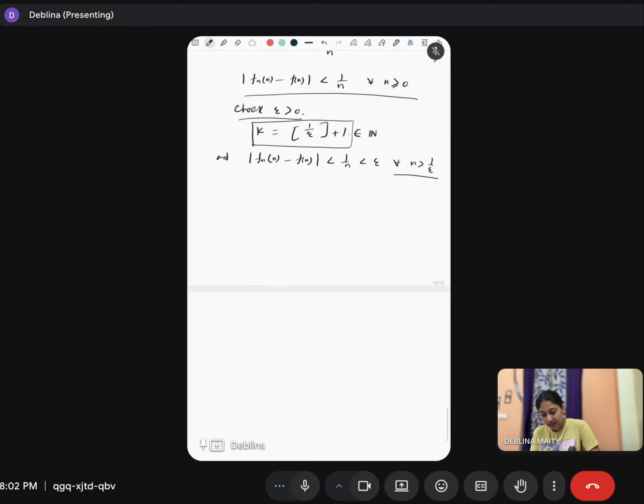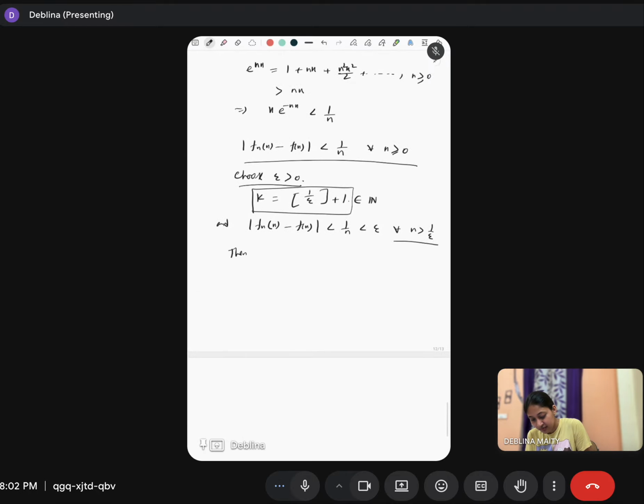So then k belongs to N and mod of fn(x) minus f(x) is less than epsilon for all n greater than or equal to this k, right? Because now k is greater than 1 by epsilon. So this is true for all x greater than or equal to 0, right?